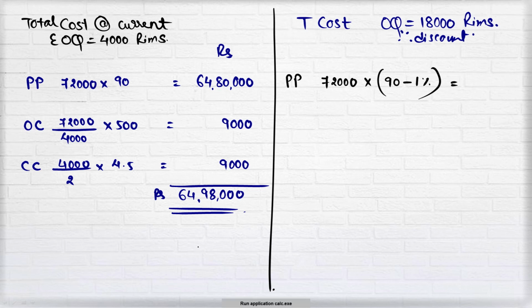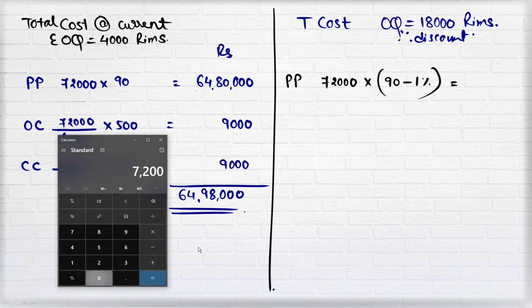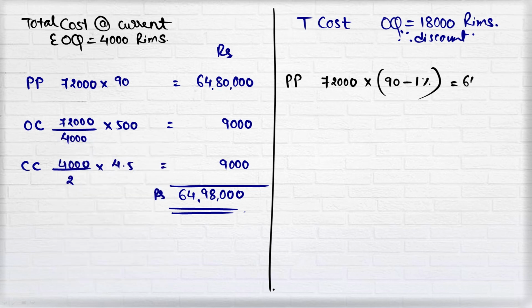What is 90 minus 1%? 89.1. So it is 64,15,200. Are you ordering less quantity per annum? No. Per annum you are ordering 72,000 only. But at a time, instead of ordering 4,000, you are ordering 18,000.